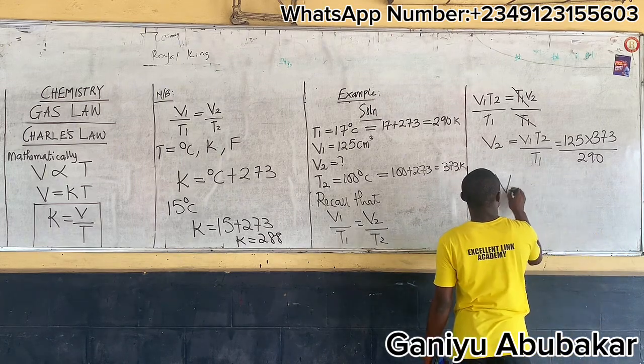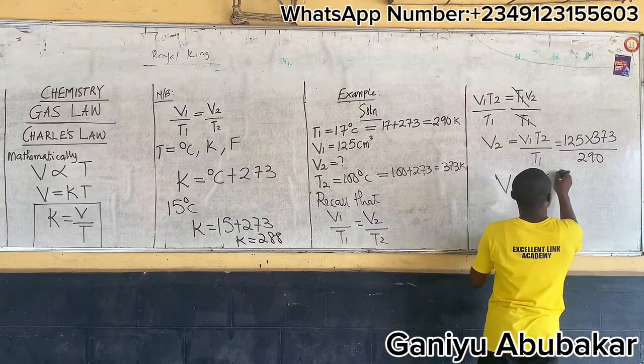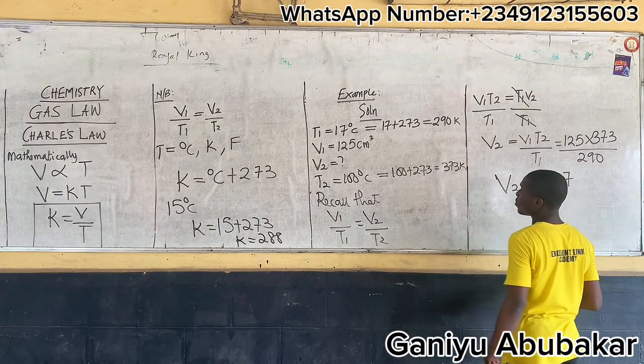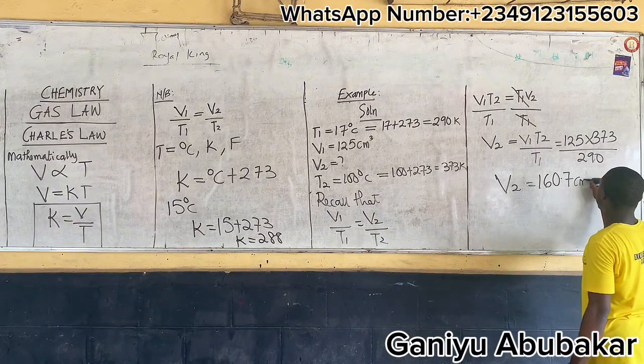So V2 is equal to 160.7 centimeter cube.